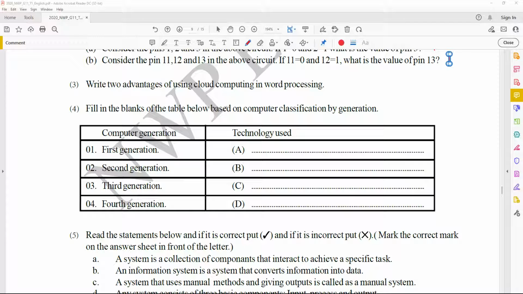Right, let me list down your answers. Now, Dulaj said we can create the document without installing the software. Good point.